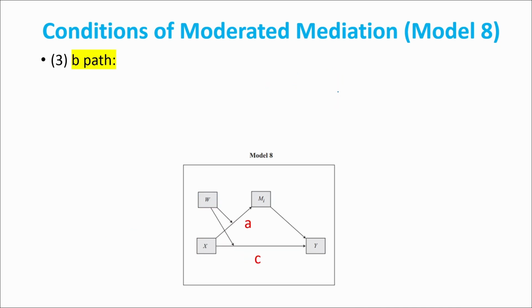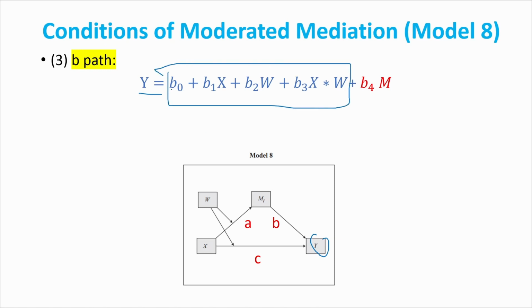Lastly, it's called the B part. For the B part, we can also write a regression model. As you can see, the dependent variable here is Y, and the first section here is actually the C part we wrote earlier: X, W, and the interaction between X and W. Beyond that, we are going to add an item called the mediator.